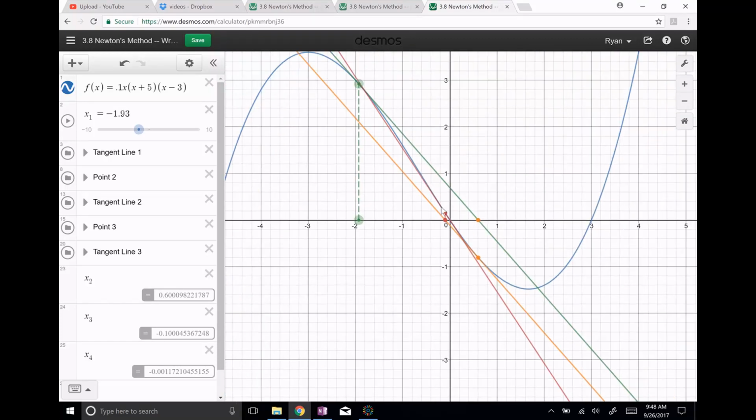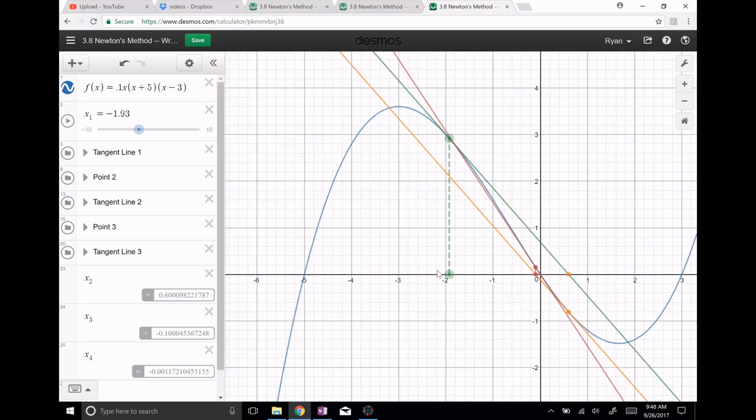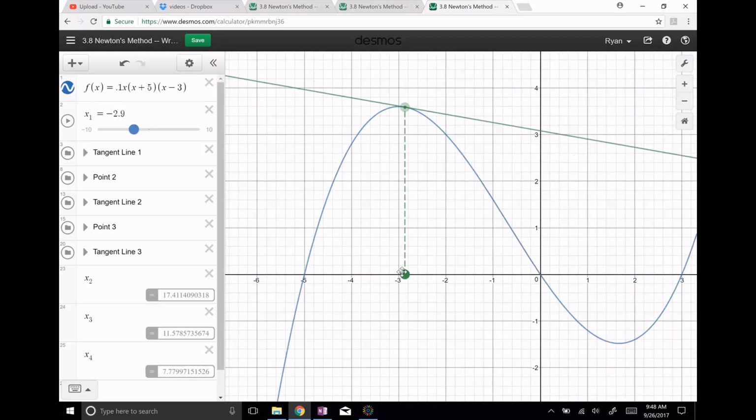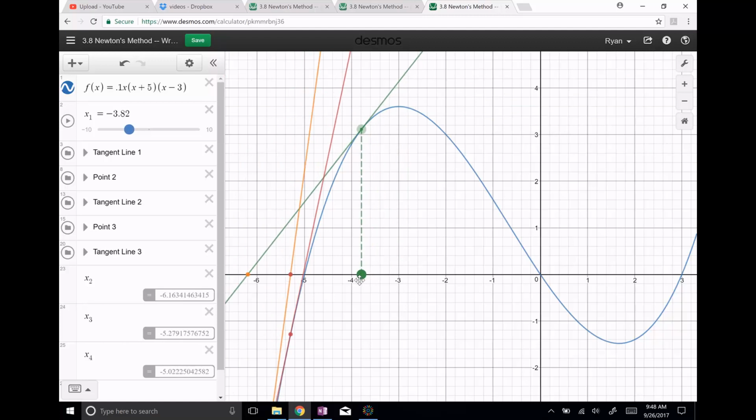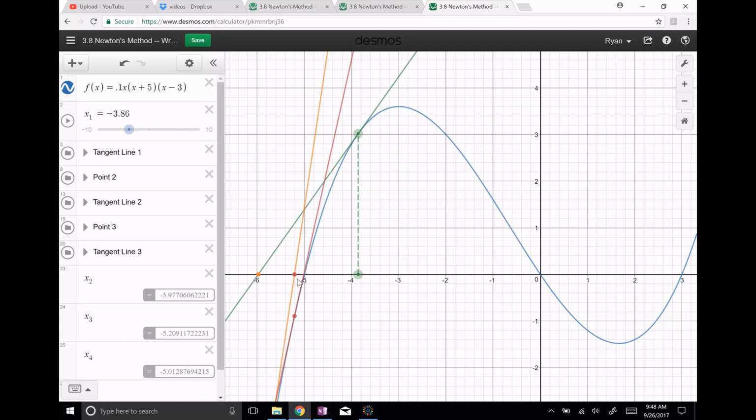That red line crosses very, very close to 0. Or maybe if I was trying to find -5, if I change my initial guess, there we are. Now all of these are getting closer and closer to -5. So here's my second guess. My second guess gives me the third guess. The third guess gives me the fourth guess. That's pretty close right there. So again, by changing our initial guess, our x1, we can fix most of these cases.